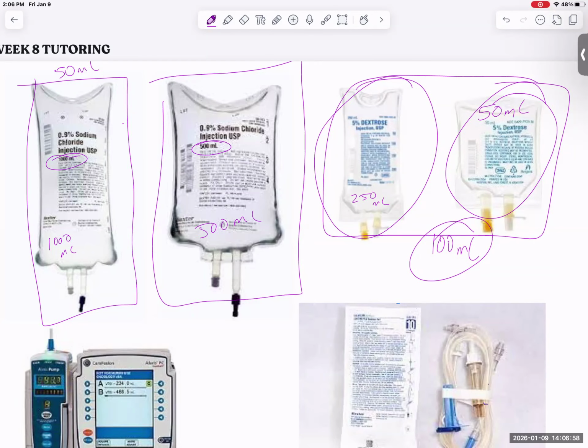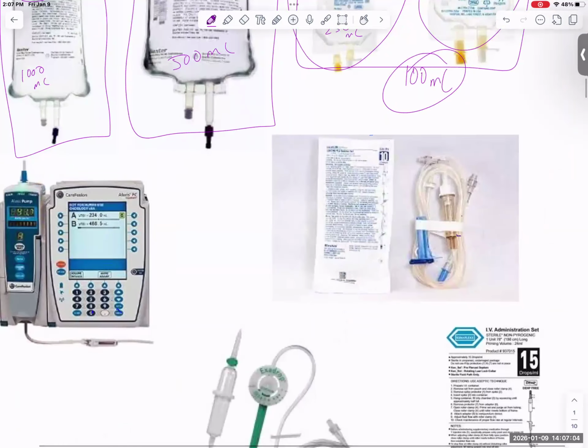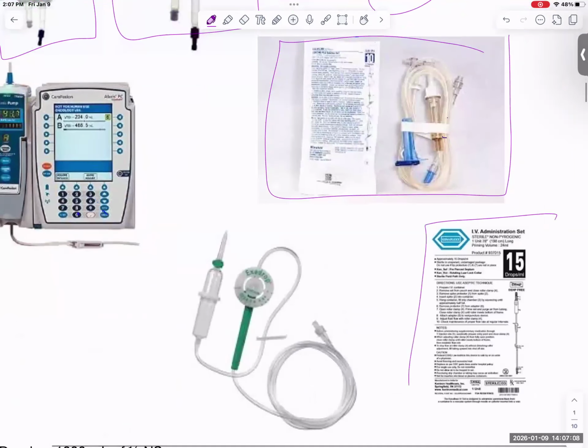So how do we get this fluid out of the bag and into the person? Well, we use IV tubing. So these are examples of different IV tubing. This one is called an IV administration set. Cool, right? But I want you to notice something on this set.